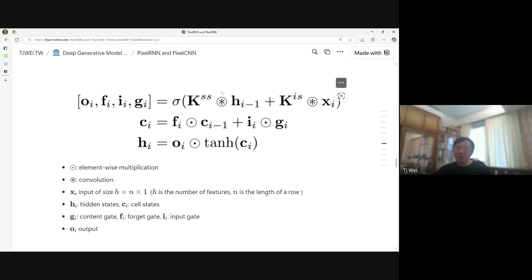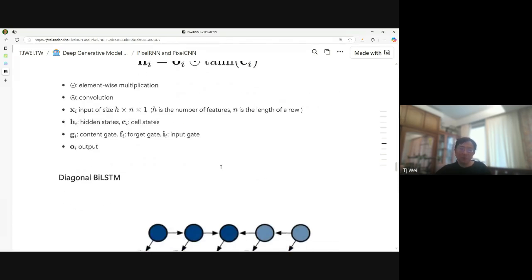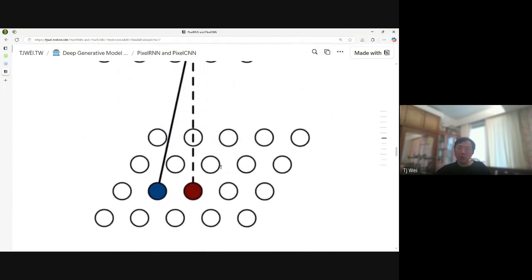So the only difference is here. It is not a linear layer. It is a convolution of the hidden state and x, put together. Alternatively, you can consider it as two channels, h_{i-1} and x_i, and we are using one convolution kernel applied on the concatenation of h_{i-1} and x_i. So this is basically the LSTM we talked about last time, and the only difference is that when computing the gates, it uses convolution instead of linear. Everything else is element-wise multiplication, so it's fine. It just replaces all the linear layers with convolution, that's all.